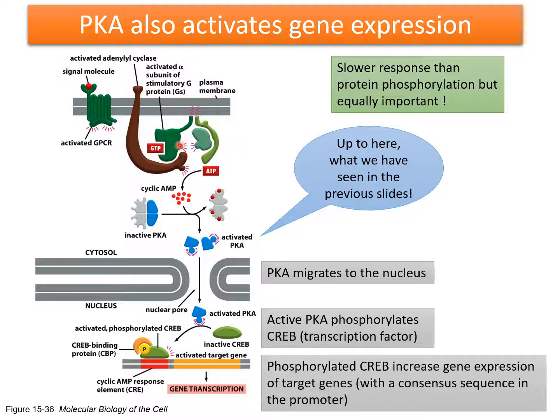You're going to activate adenyl cyclase. Adenyl cyclase is going to generate cyclic AMP. We're going to have these activated PKA catalytic domains. But for the gene regulation, they're going to go into the nucleus, and they will activate CREB, which is a transcription factor.